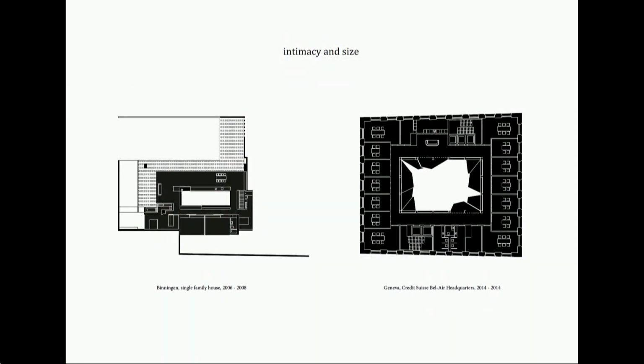Intimacy and size. The topic of intimacy and size describes the relationship of the individual to the space of imaginary dimensions. Differences between spatial concepts are hardly illustrated more clearly than in a comparison of a private residential house with an office building. A residential building is generally composed of numerous usage parameters leading to different spatial configurations.